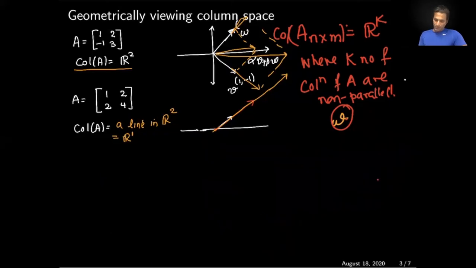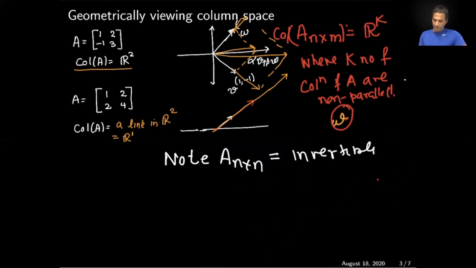There is another note: if you have a matrix A, n by n, and this matrix is invertible, this implies all n columns of this matrix are non-parallel.